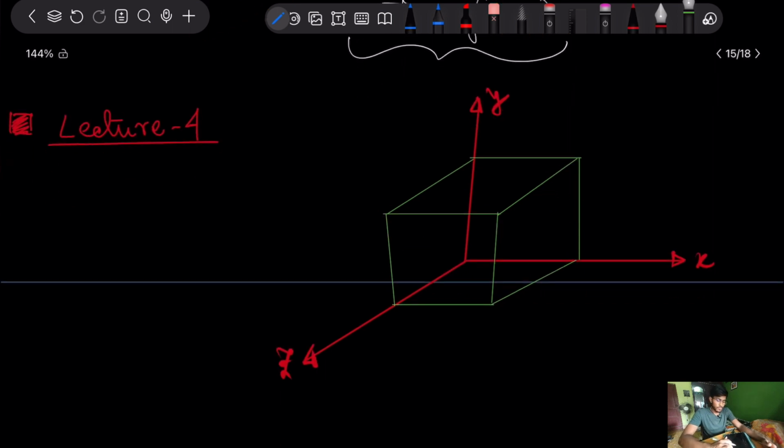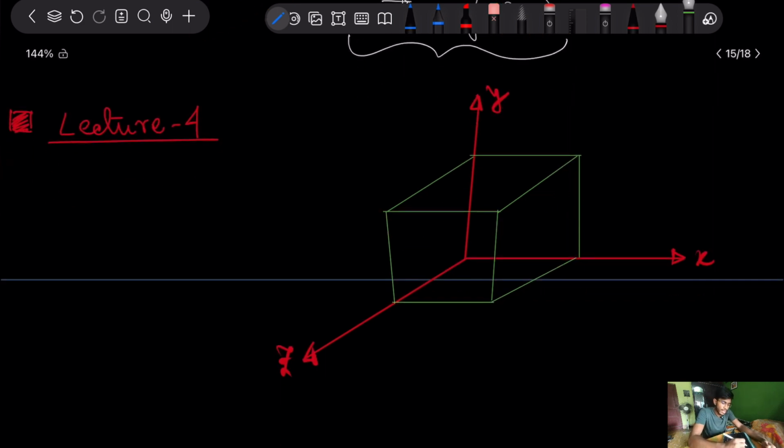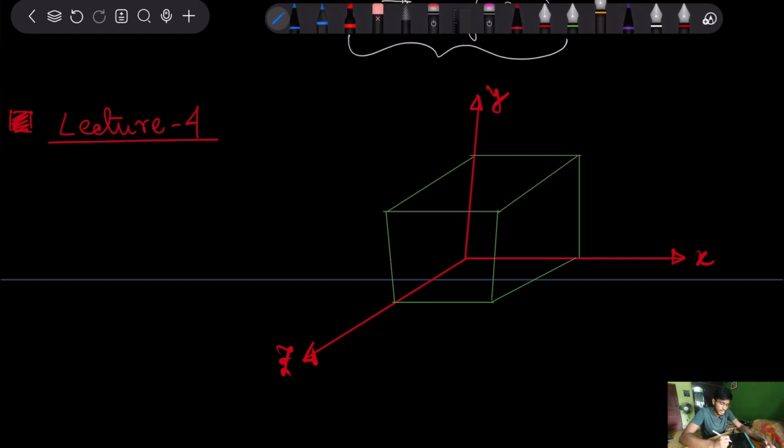So this is the cube, and this is our control volume, and this cube has side lengths delta x, delta z, and in this direction the side length, you can guess, is delta y.